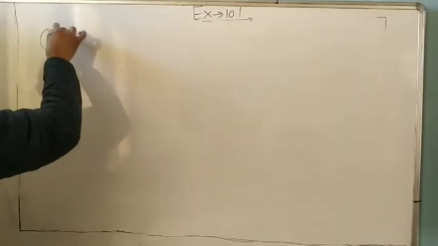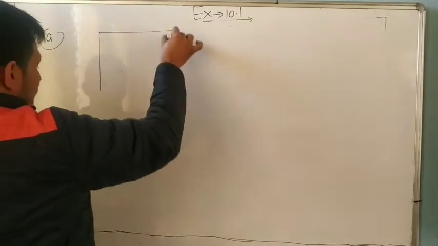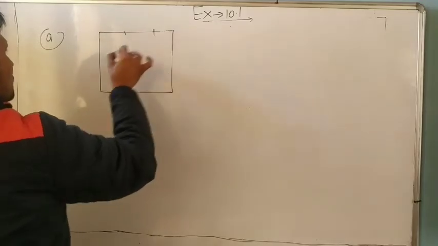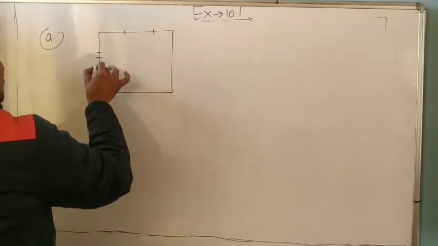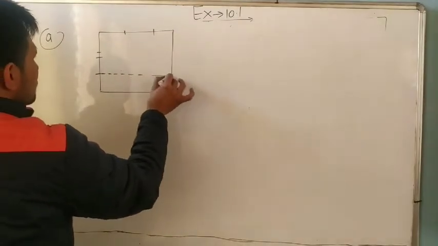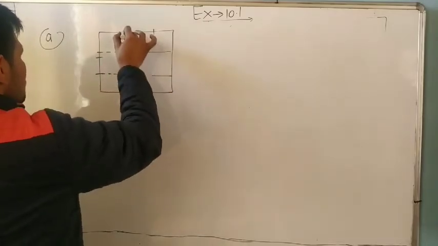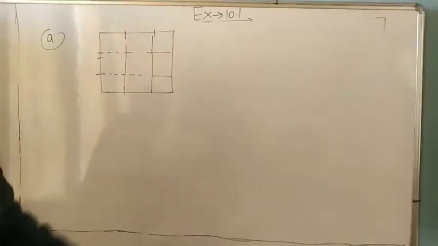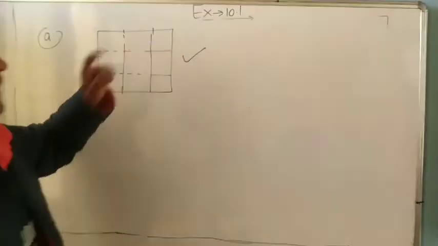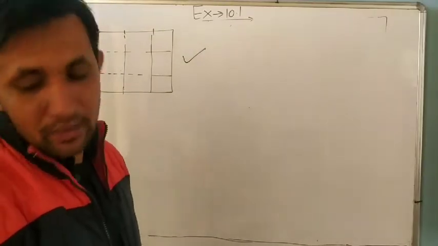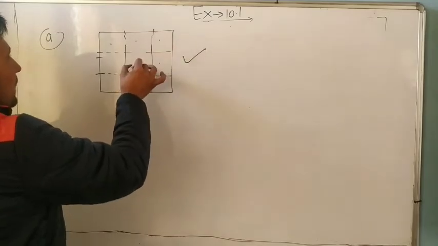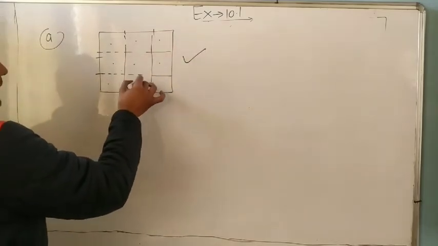A part. It is given. So we have to find the area of the figure by counting the squares. So how many squares? 1, 2, 3, 4, 5, 6, 7, 8, 9.